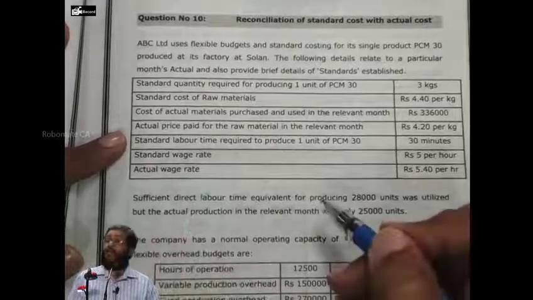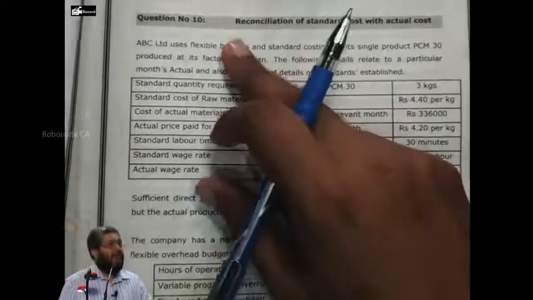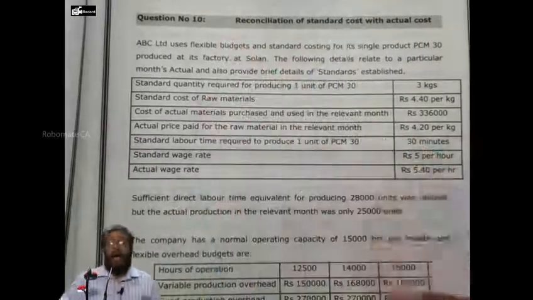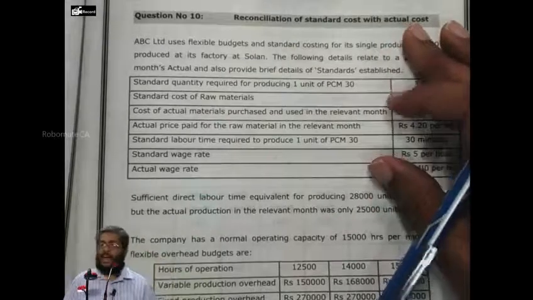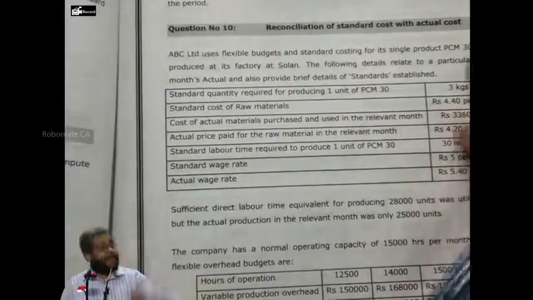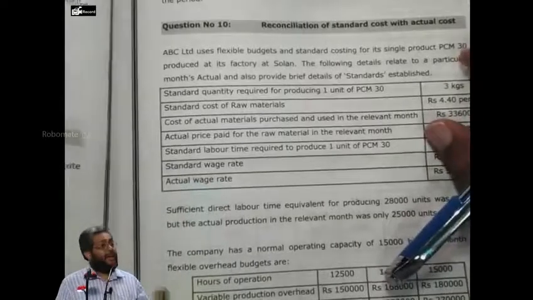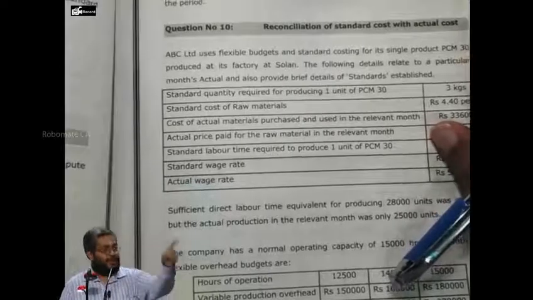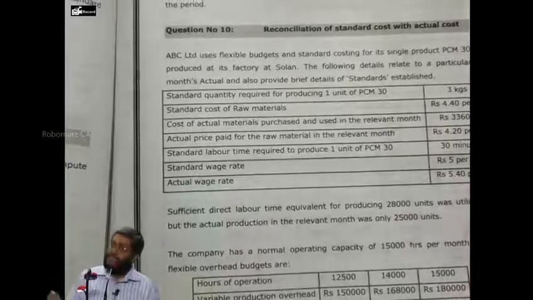But the actual production was how many units? 25,000 units. What they say is, I have worked how many hours? The answer they gave me is, I have worked so many hours in which I could have produced 28,000 units.